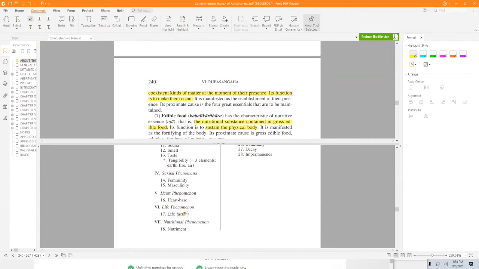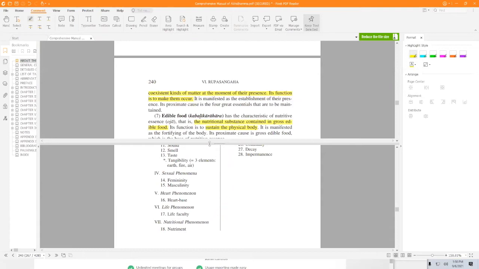When death takes place, the life faculty is extinguished. In fact, we could say that death is the extinguishing or cutting off of the life faculty, and then all the other constituents of the body lose their vitality and turn into just inorganic material substance.